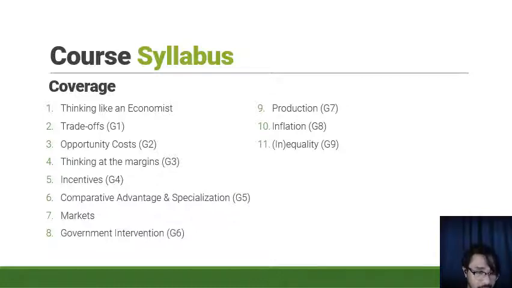Week 7 is about markets. Week 8 is about government intervention. So, in a free market system, when does it make sense for government to intervene? And what type of goods are essential in terms of government intervention? Ninth will be about production. 10th, actually, it's going to be a pretty heavy week because we'll be tackling inflation.